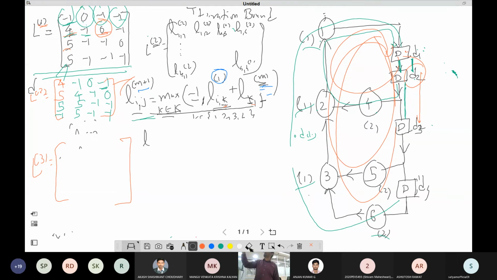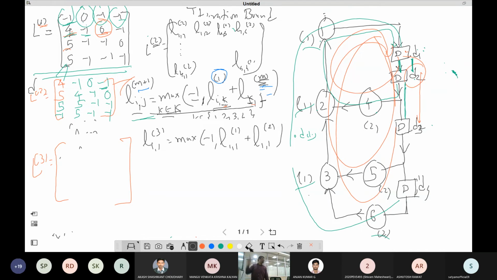The first element is L11 of 3, that is maximum of -1, L11 of 1 plus L11 of 2.